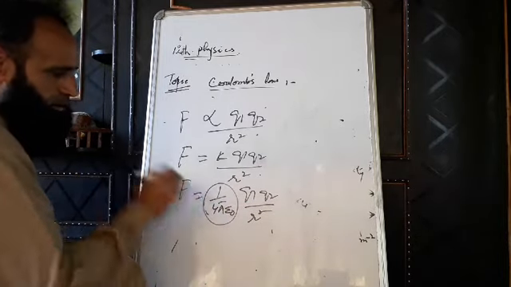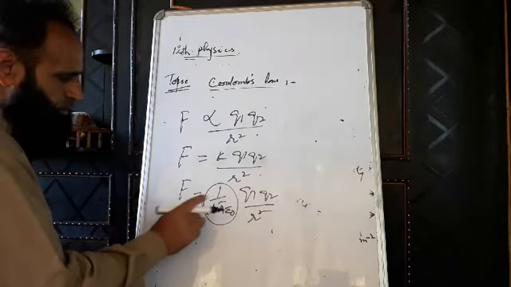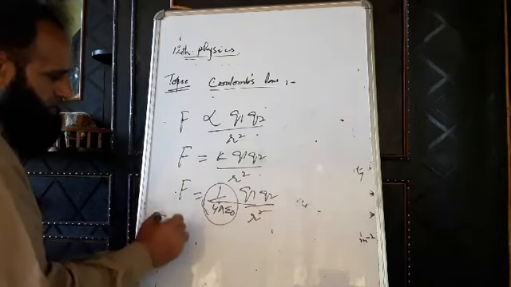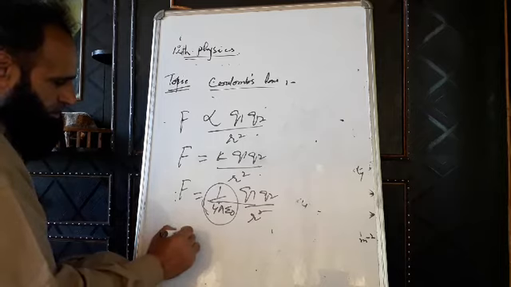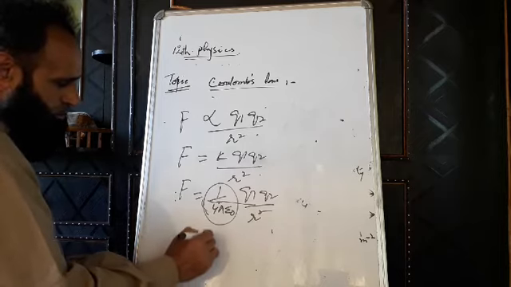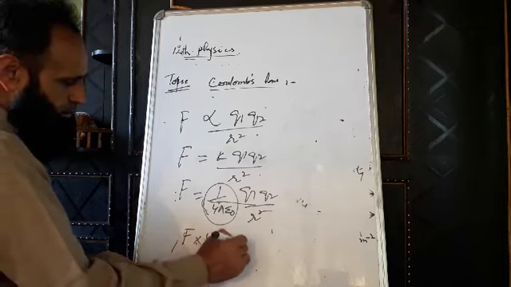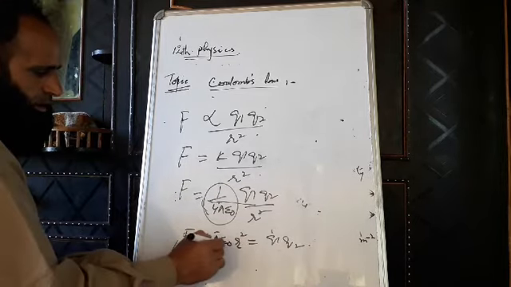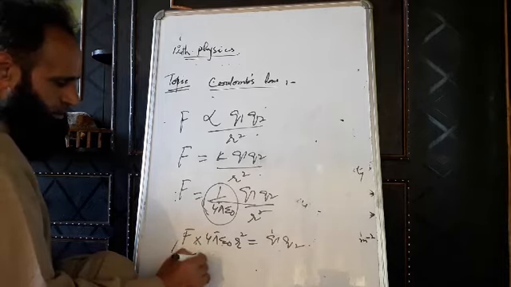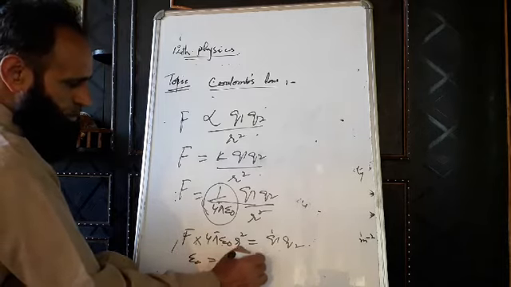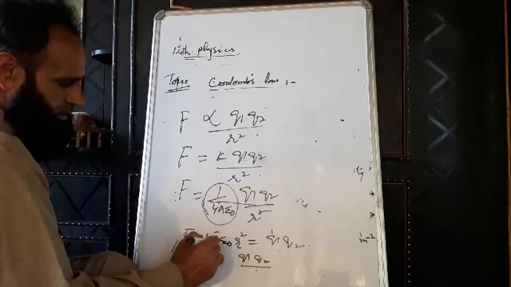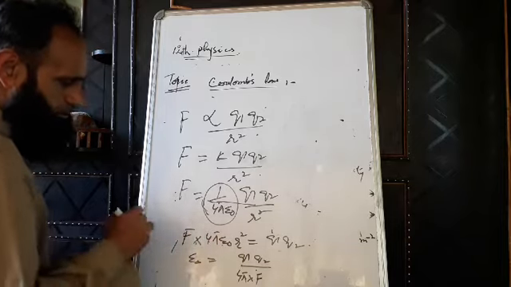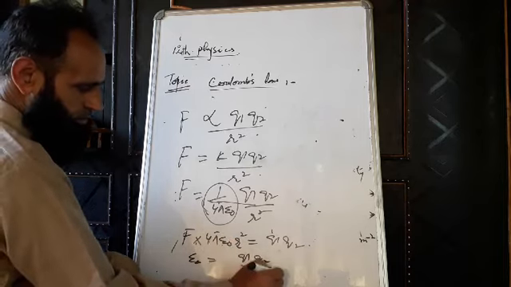This is in the SI system. If we multiply, it becomes F into 4 pi epsilon naught r square is equal to Q1 Q2. Finding epsilon naught, epsilon naught would be Q1 Q2 divided by 4 pi into F into r square.